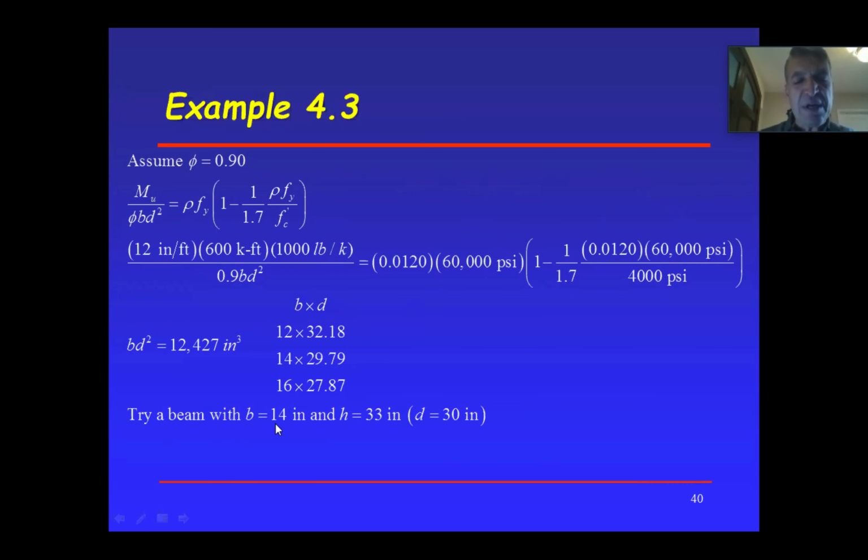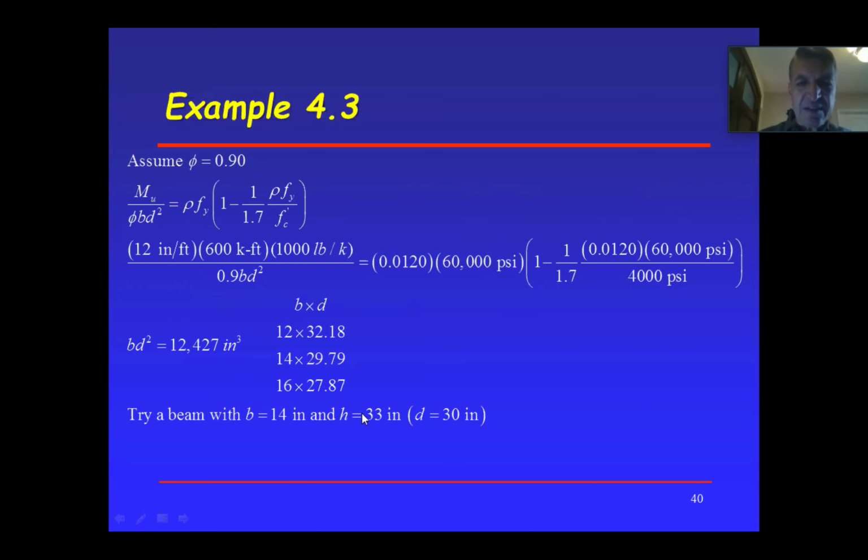Try a beam with b equal to 14, and if I round up this d, make it 30. So it will be b 14 and d 30. Remember, I always said that the distance from the center of the bar to the bottom is either 2.5 or 3 inches. In this case, he added 3 inches. So 30 inches plus 3 is 33 inches. We're going to try that beam.